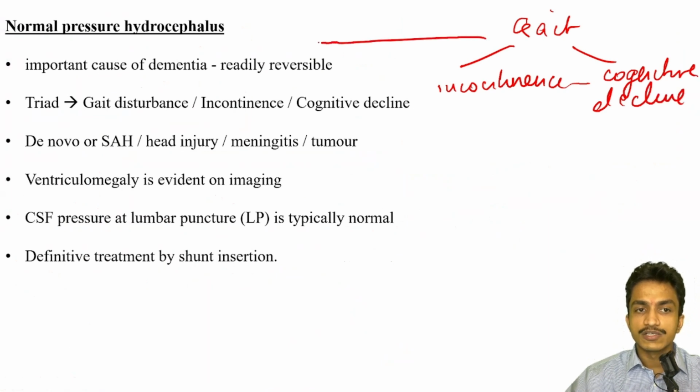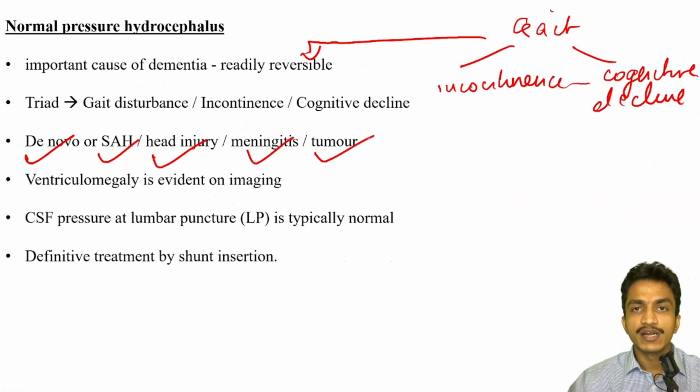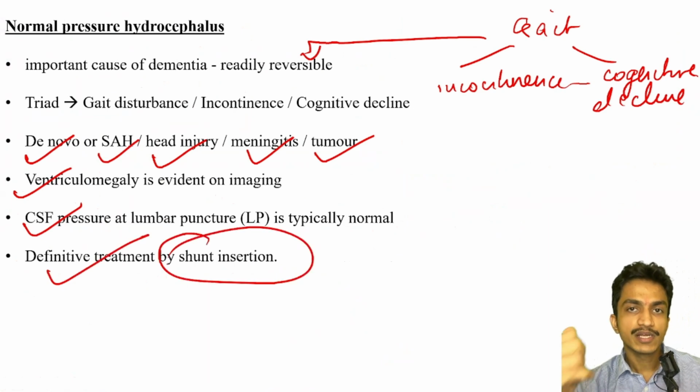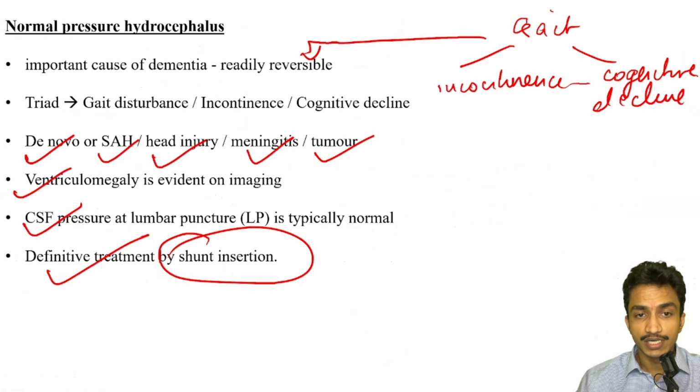It is a cause of dementia which is reversible. It can occur either de novo or post SAH, head injury, meningitis, or due to any kind of tumor. As I told, ventriculomegaly is evident on imaging, and CSF pressure will be normal whenever we do an LP. Treatment is by shunting, that is either temporary or a ventriculoperitoneal shunting.